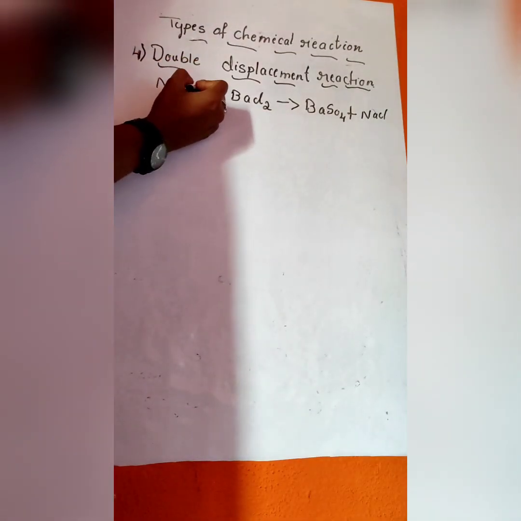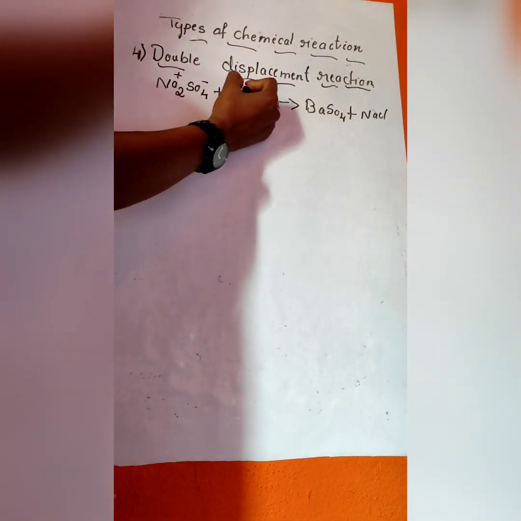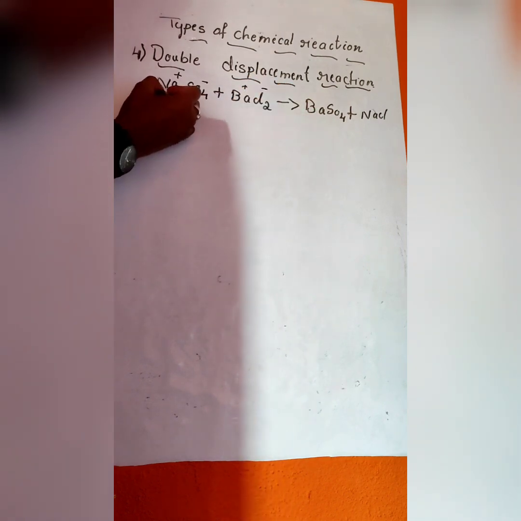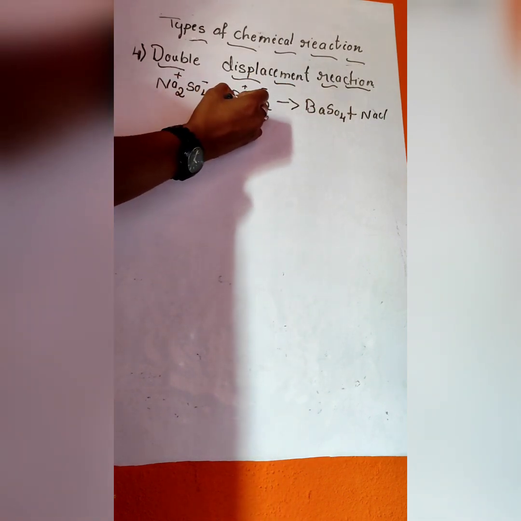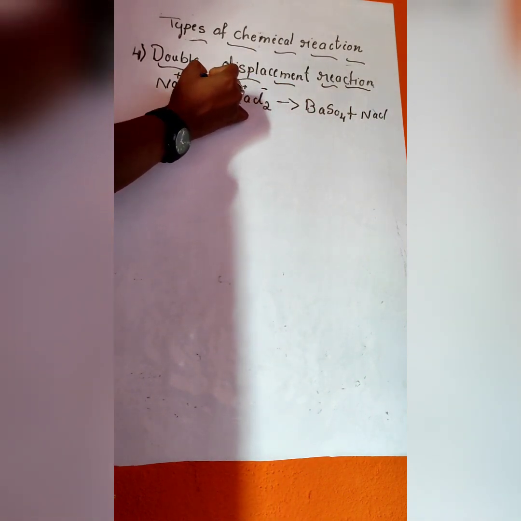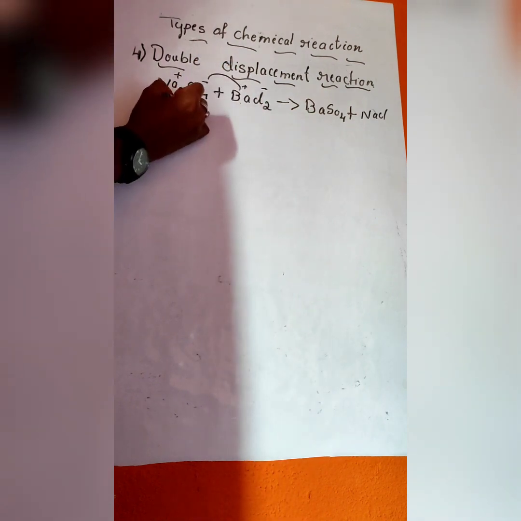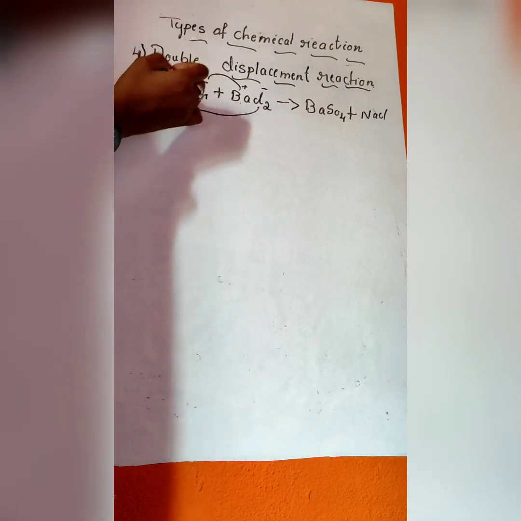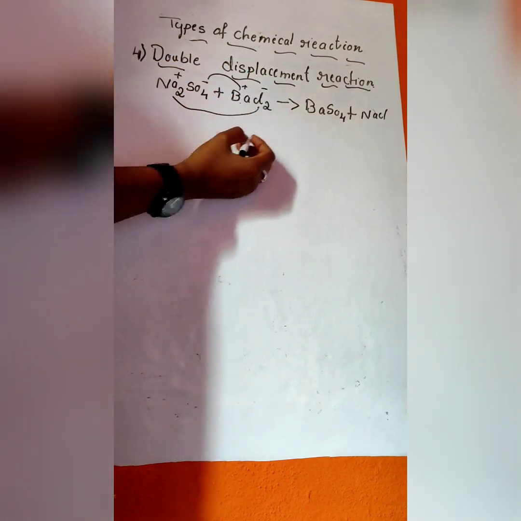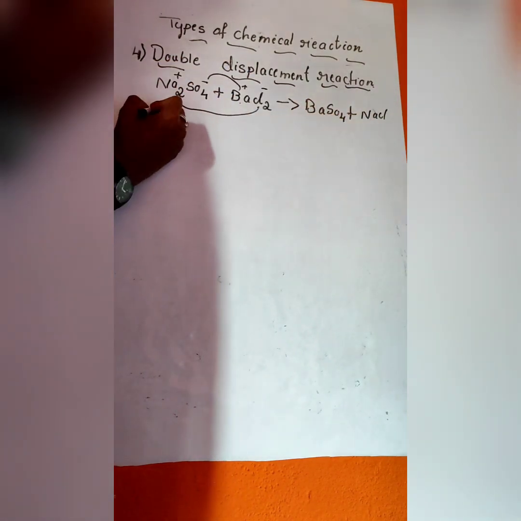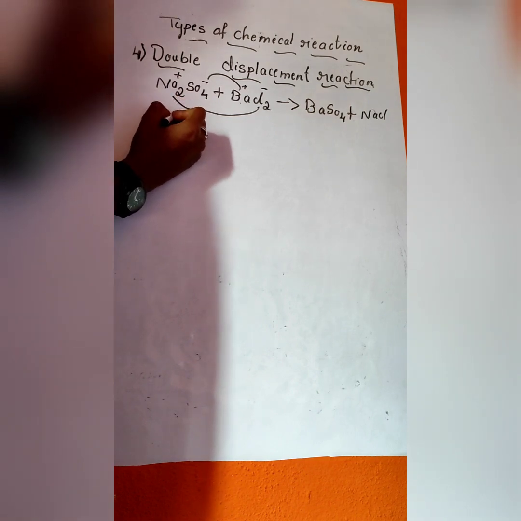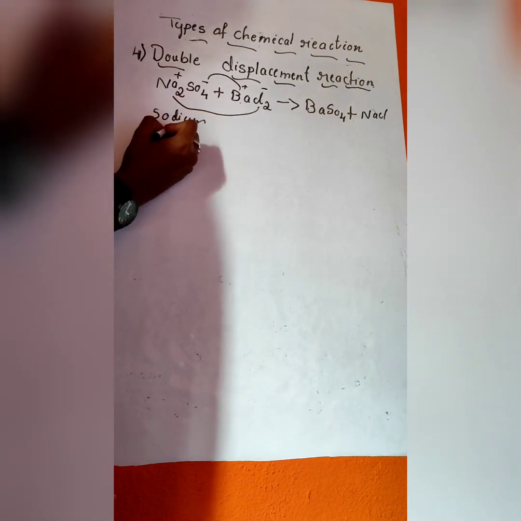Here sodium is positive, sulfate is negative, barium is positive, chlorine is negative. One positive combines with the other negative, forming the new compounds, that is barium sulfate plus sodium chloride.